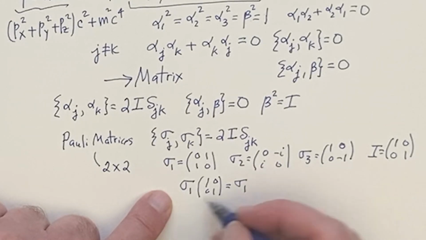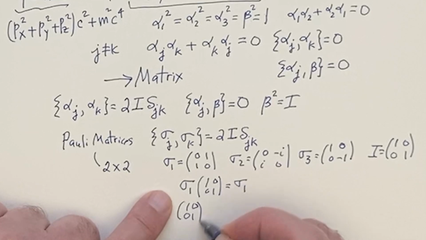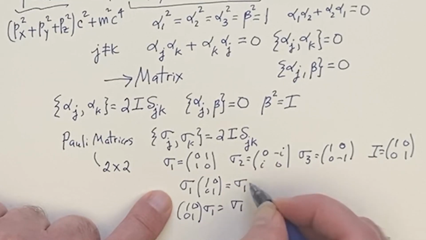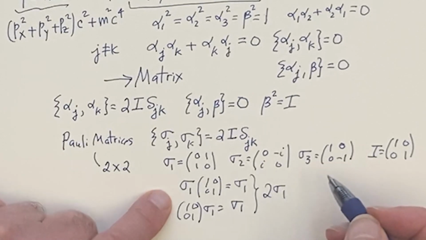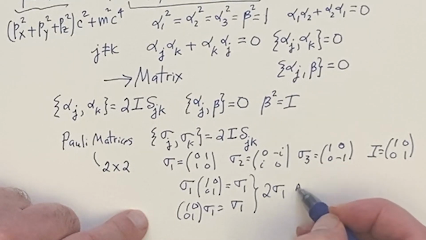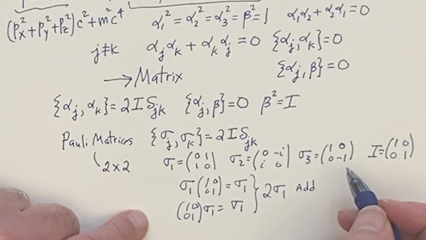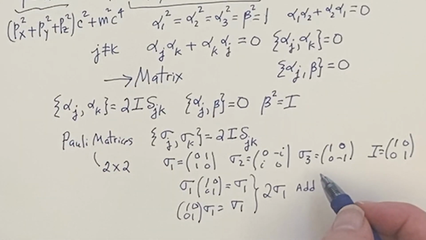And if you put it on the other side, you would get the same thing back. And then if you add them together, you're not going to get 0. You're going to get 2 of them if you add. So that's not good.